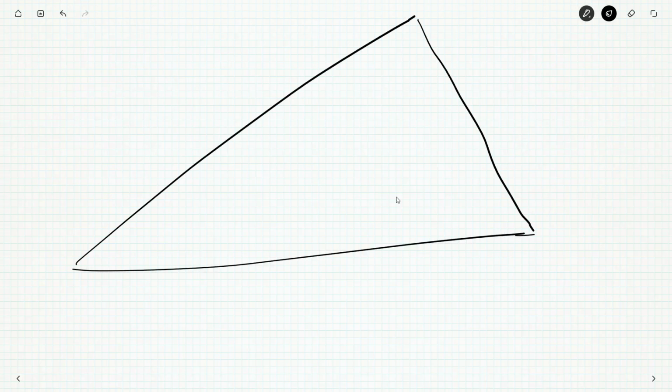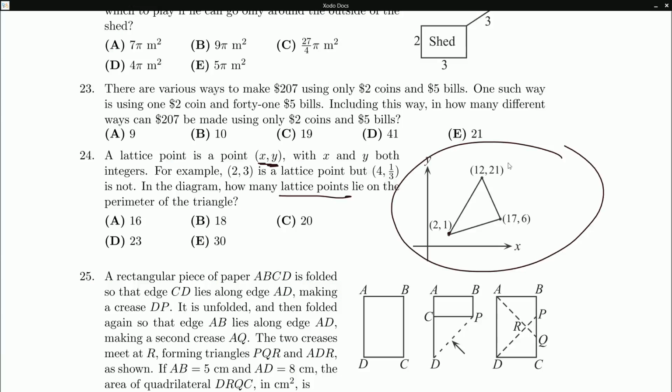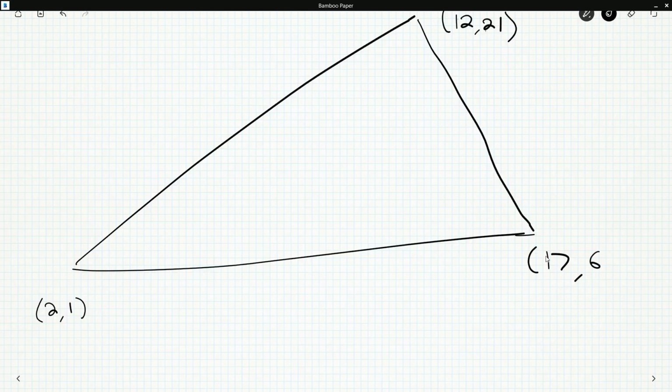So we have (2, 1), (12, 21), and (17, 6). All right, there we go.